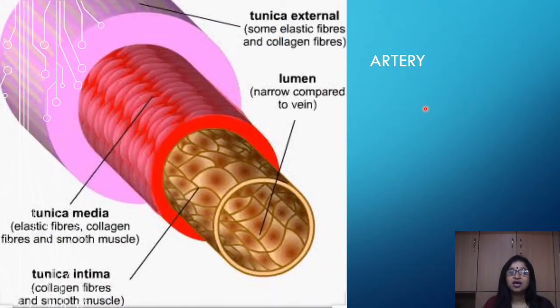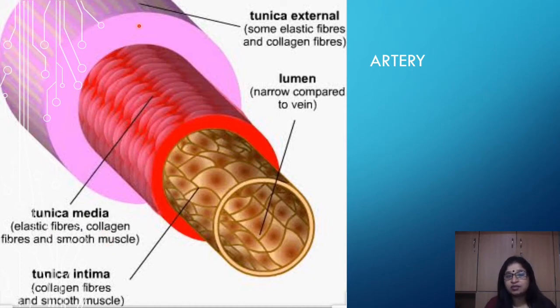Right. This is how the artery looks. If you take a cross section of the artery, you can see that the outermost covering is called the tunica externa. It is made up of elastic fibers and collagen fibers. The second layer from out is called the tunica media, the middle layer. It consists of elastic fibers, collagen fibers, and smooth muscles.